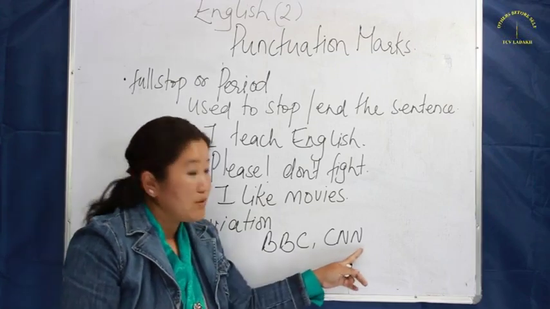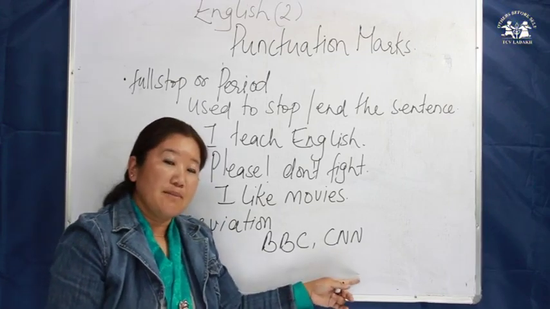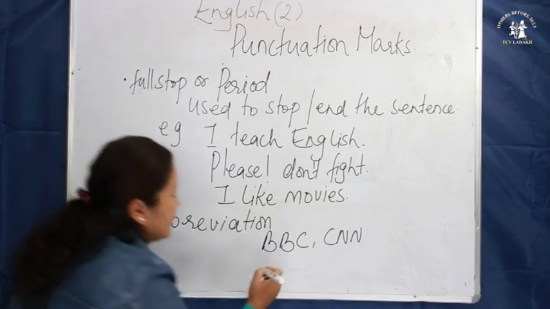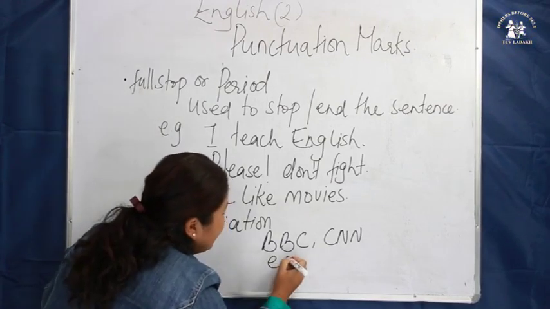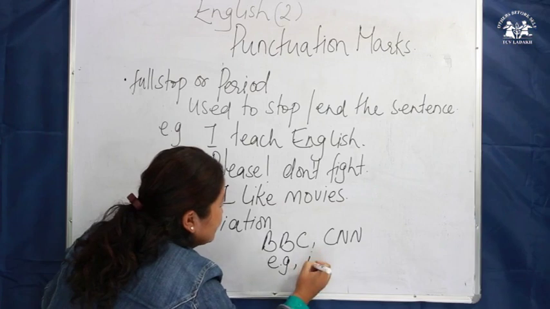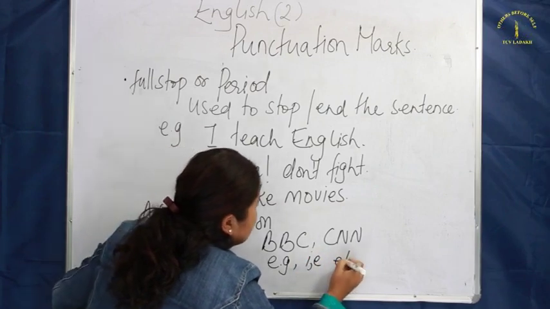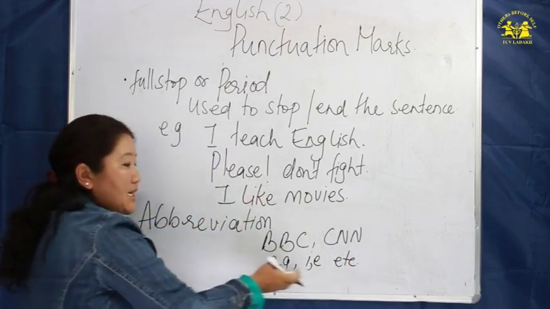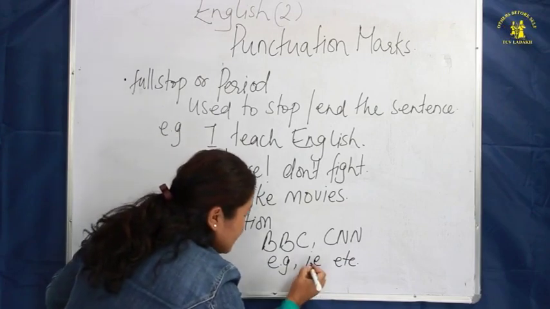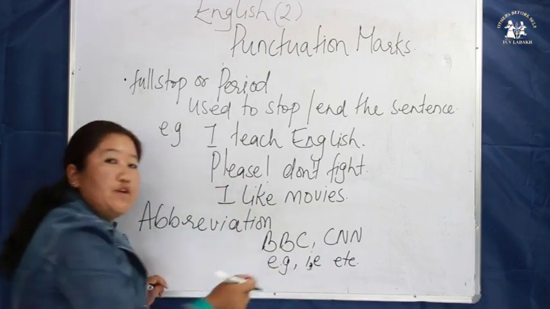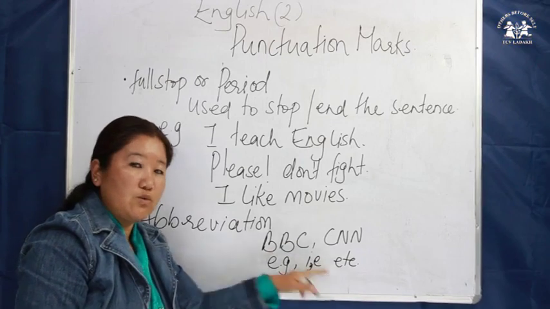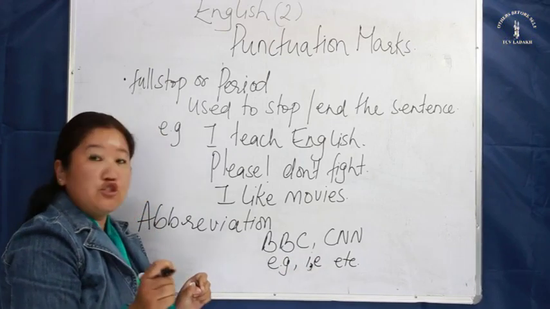This kind of abbreviation doesn't use a dot, but there are some abbreviations, like e.g. and etc. For such kinds of abbreviations, we use a dot or a full stop.